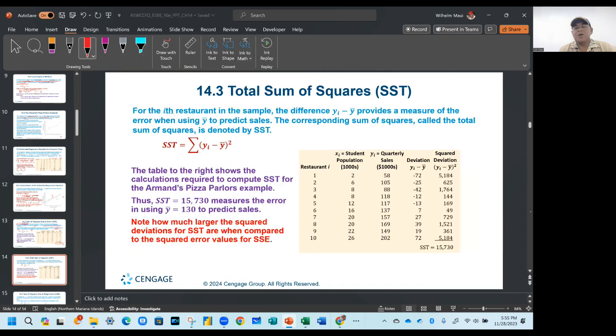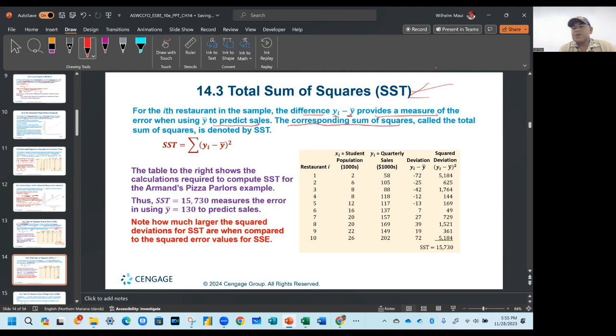And then also the total sum of squares. Again, we've done this in the previous chapter. So now we're doing it in the context of ordinary least squares. So for the ith restaurant sample, the difference between the observed y and the average of y provides a measure of the errors when using the average of y to predict the sales.